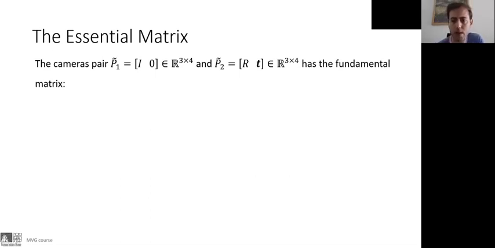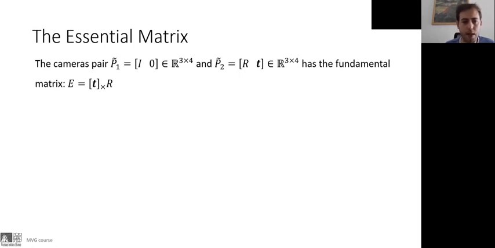It's the cross matrix of e2, the epipole 2, times R. Yes, exactly. Or we can just write the cross product matrix of T multiplied by R in this case, which is also the epipole point. So that's the form for the fundamental matrix in this case.